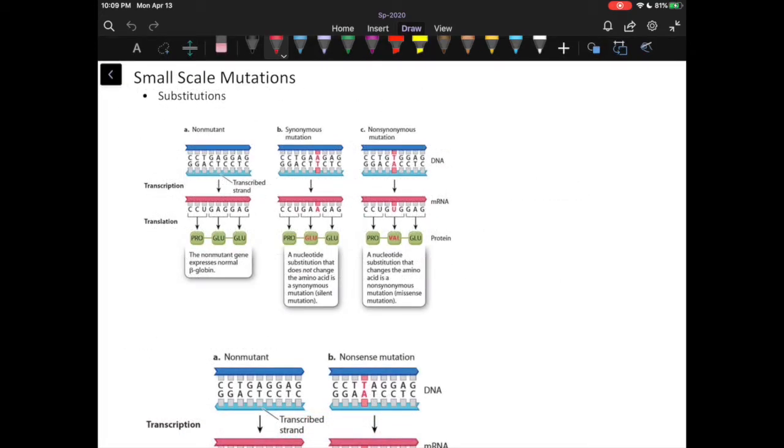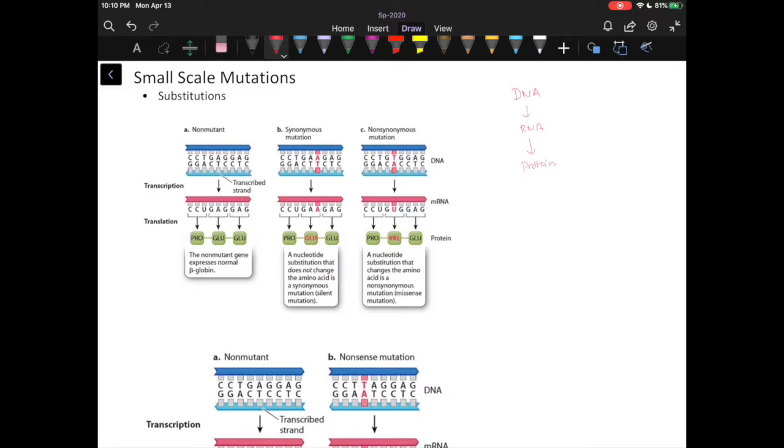Alright, so small-scale mutations. First we'll talk about substitutions, and then we'll go on to talk about insertion, deletion, and frame shift mutations. If you recall, the central dogma states that information travels from DNA to RNA to a protein. The specific bases found in the RNA come from the coding strand of the DNA.